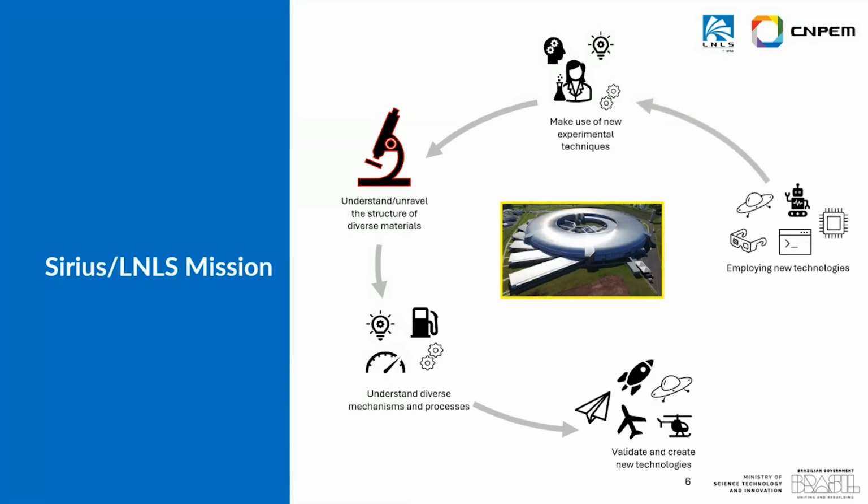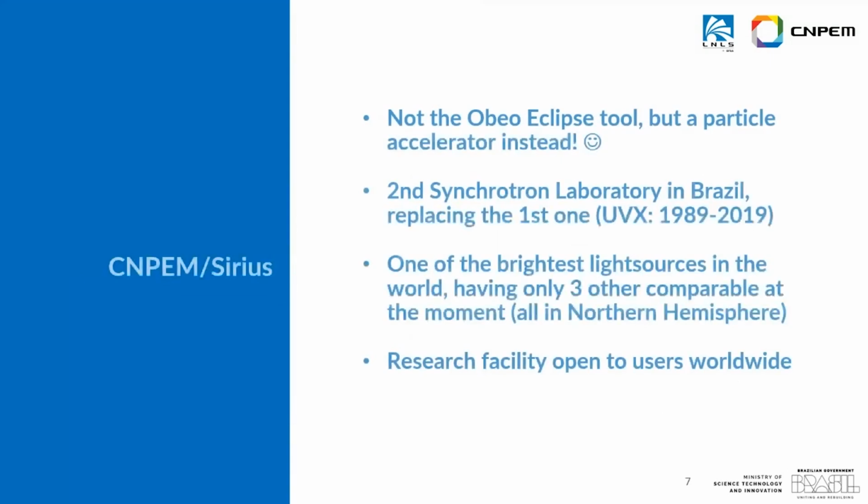And to make that viable, we have to employ new technologies. And this closes the virtuous cycle where we use this machine to create and validate new technologies. And we can apply these technologies to perfect the machines even more and enhance our capability of seeing, uncovering new things, right?